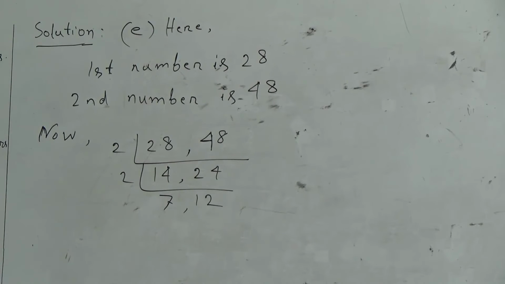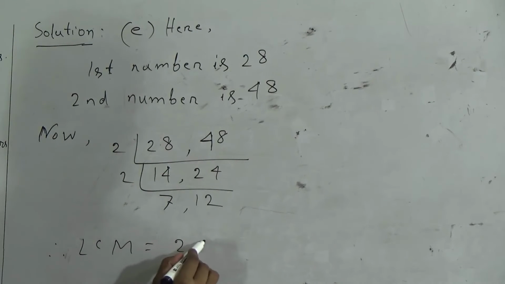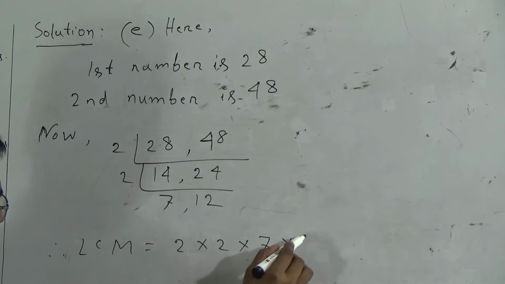So LCM will be 2 multiplication 7 multiplication 12. Therefore LCM is equal to 2 multiplication 7 multiplication 12.